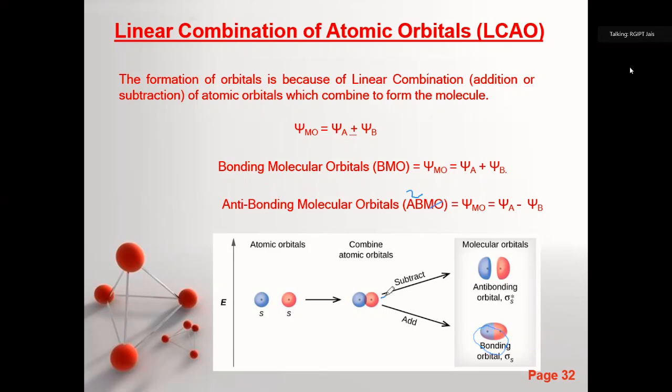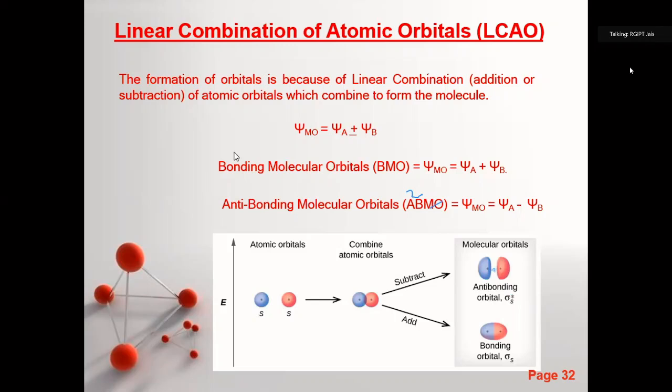But if we subtract, there is an anti-bonding molecular orbital, which has decreased electron density. That's why there is a node where the electron density is zero.